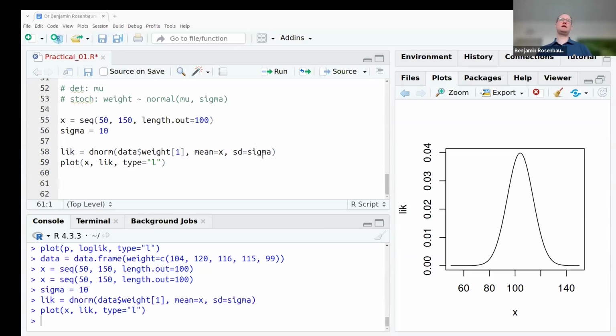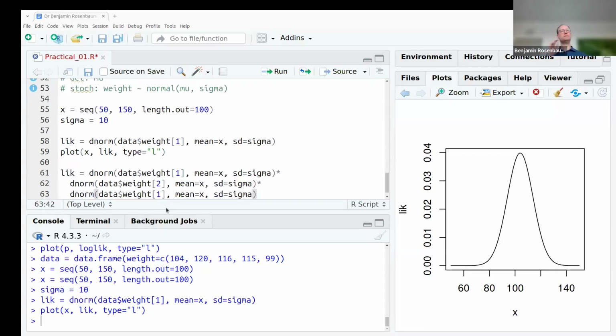So we have two parameters which we have to estimate, and we want to write a likelihood function which depends on both of these parameters. So here the likelihood function for all the data points is this times the second data point times the third data point, and so on.